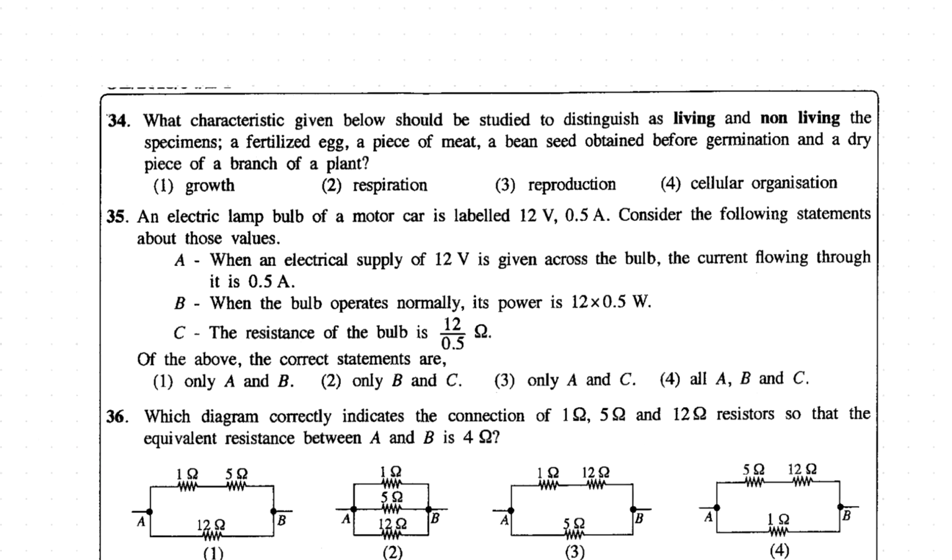If you take the 34th one, what characteristic given below should be studied to distinguish as living and non-living? The specimens: fertilized egg, a piece of meat, a bean seed obtained before germination, and a dry piece of a branch of a plant. What are your answers?